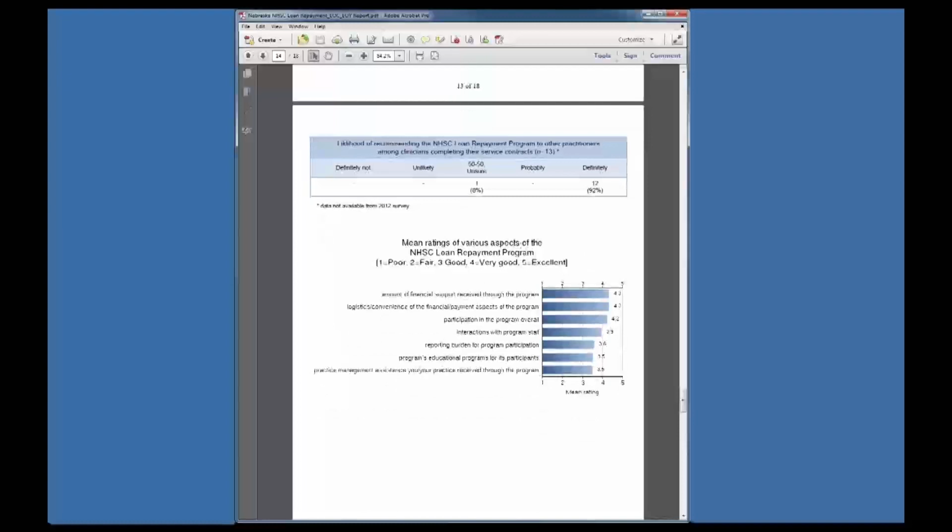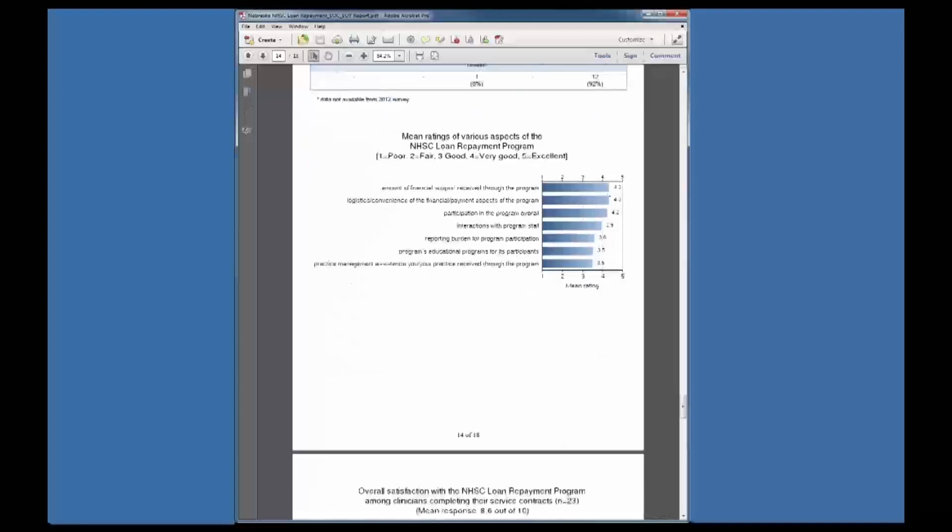Then here's a mean rating of various aspects of that program, from 1 being poor to 5 being excellent. Again, these are automatically arrayed from where people are most satisfied to relatively least satisfied. You see logistics and convenience, participation in the program overall. Again, these fare pretty well.